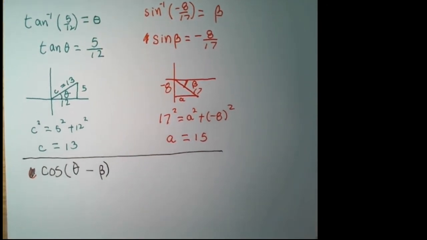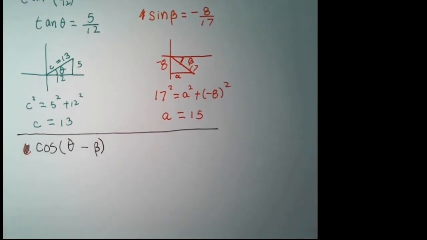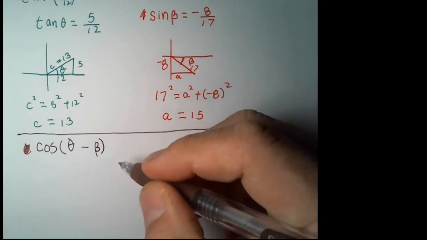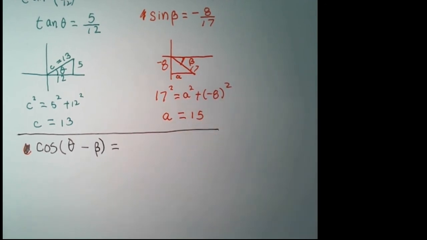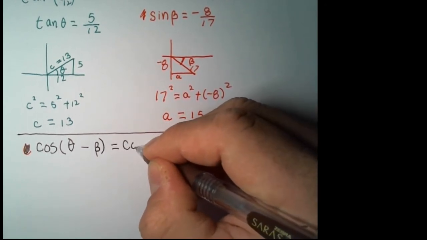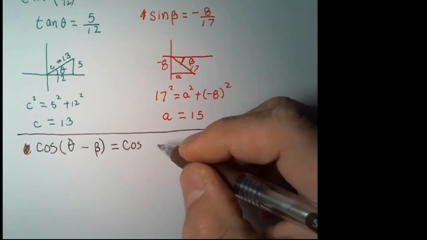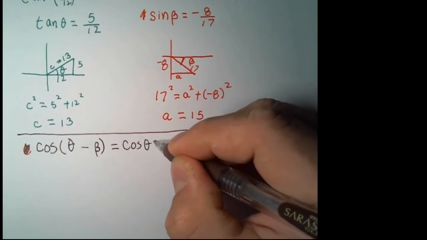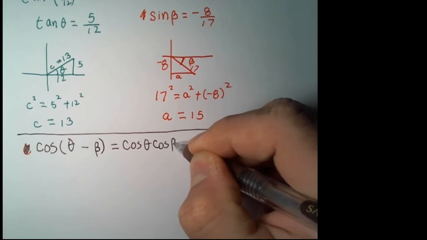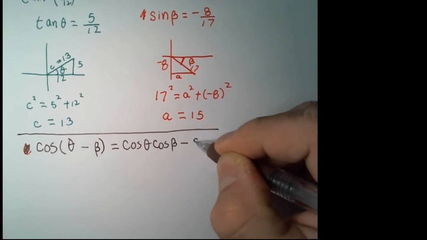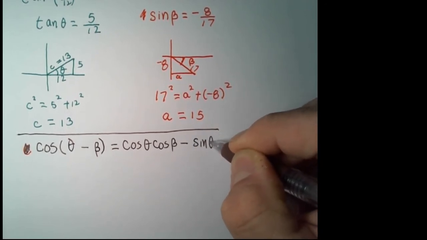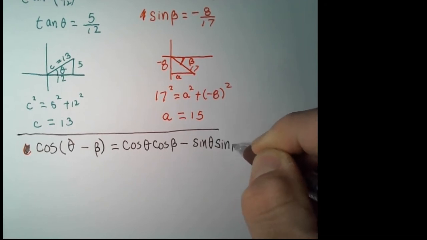So we would like to evaluate cosine of theta minus beta. At this point, let's use an identity. The difference identity for cosine is cosine theta cosine beta minus sine theta sine beta.